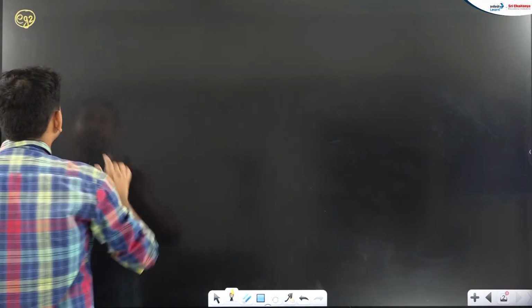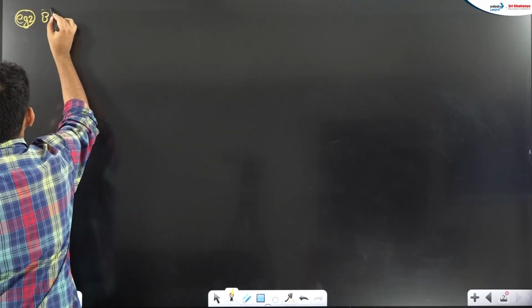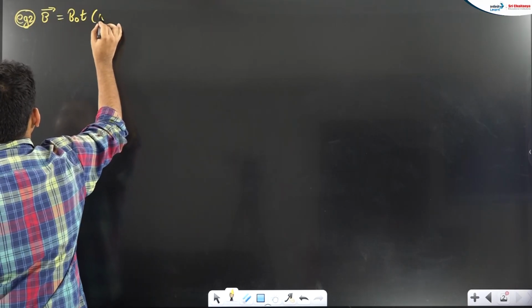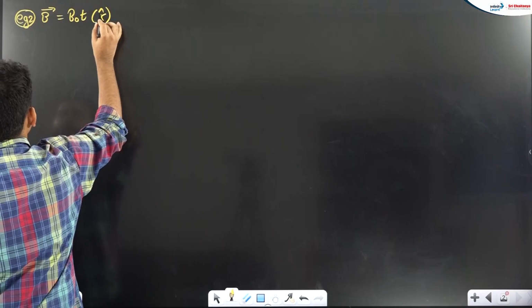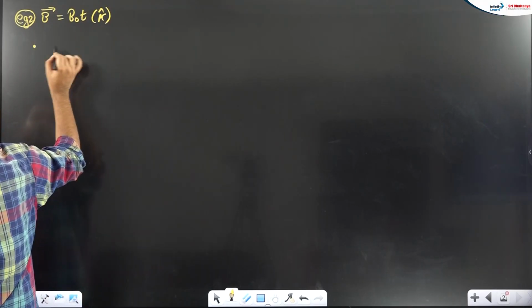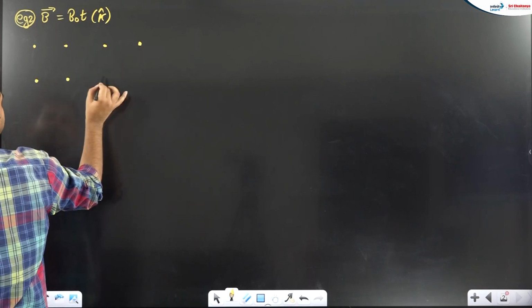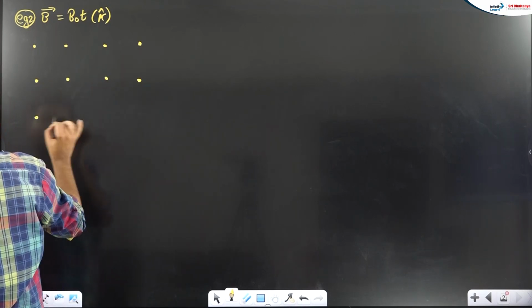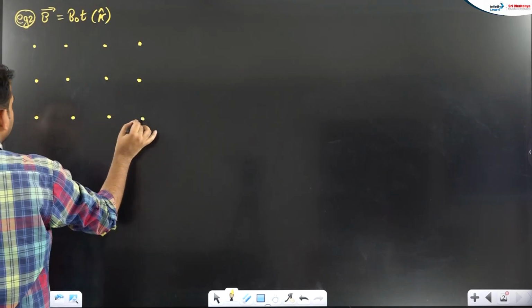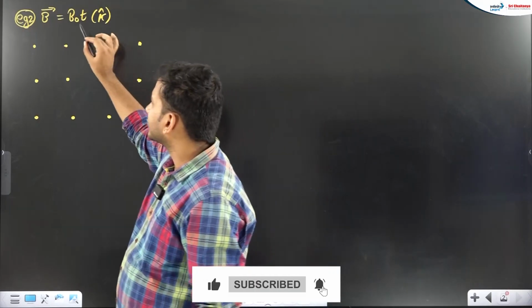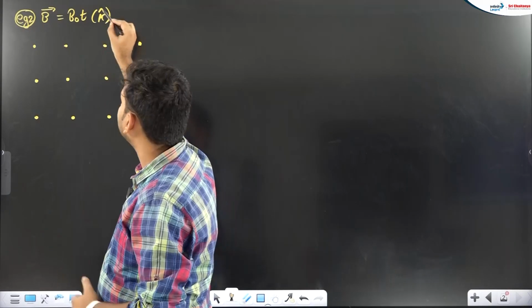Example 2. Again, we have to tell the direction of induced current. Suppose B vector is equal to B naught t K cap. So K cap means it's a dot field, which is constant with space or uniform with space but varies with time. You see, it's not varying with the position or with location.